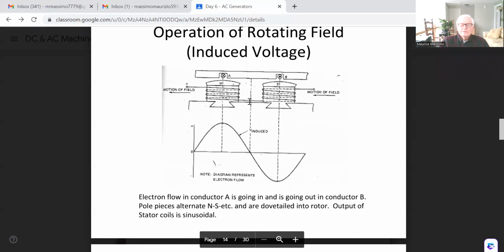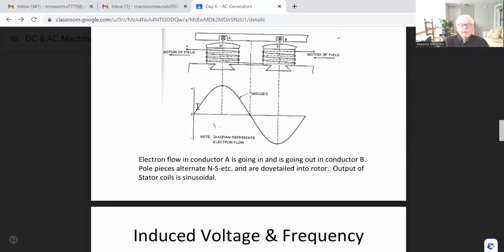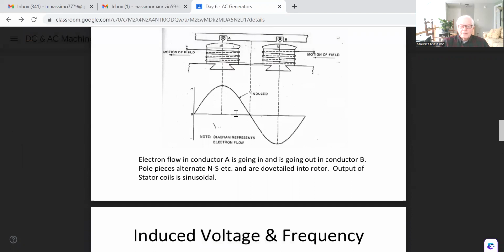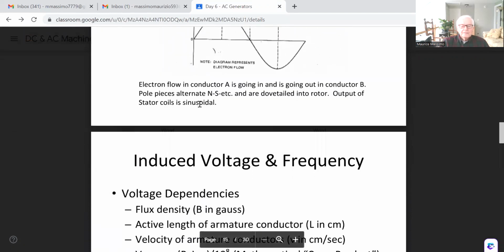You can see that dovetail shown right there, so that it doesn't come loose. It's a good, safe way to keep it tight. And what we get out of A and B is this sinusoidal curve. We get our AC signal.